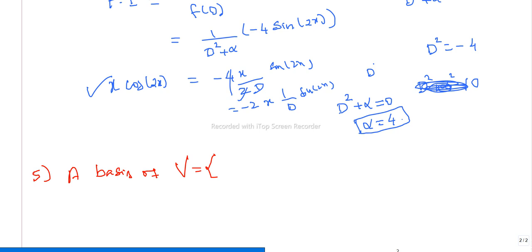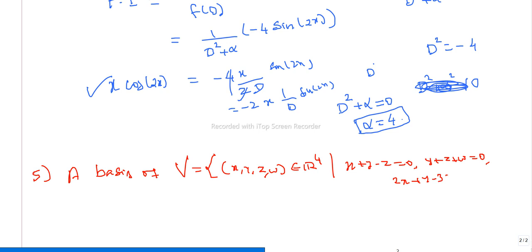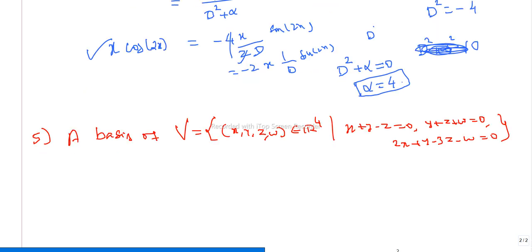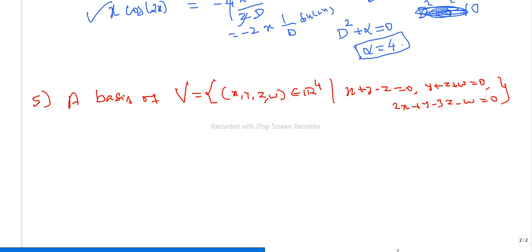Set of all x, y, z, w in R4 such that x plus y minus z equal to 0, and y plus z plus w should be 0, and 2x plus y minus 3z minus w equal to 0. So this is a subspace.